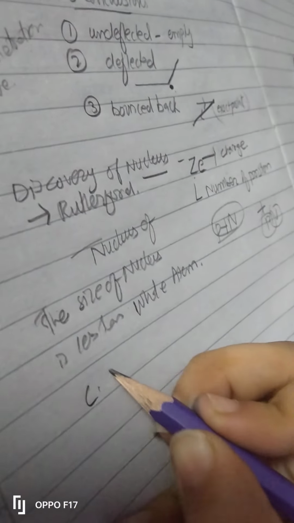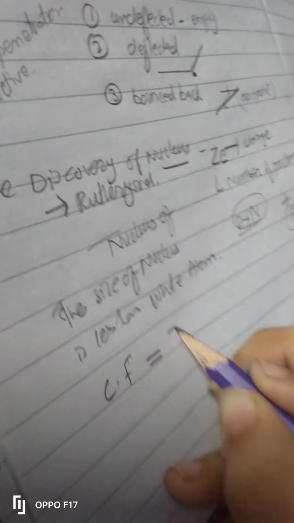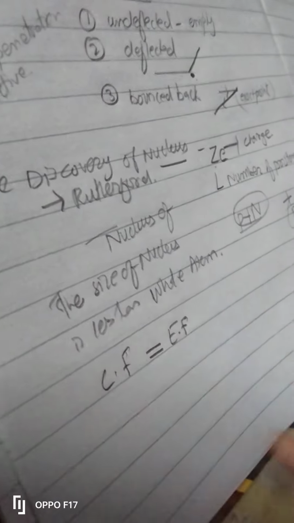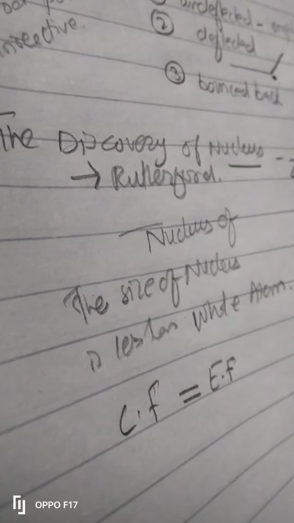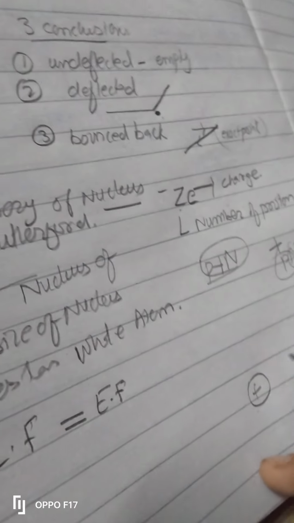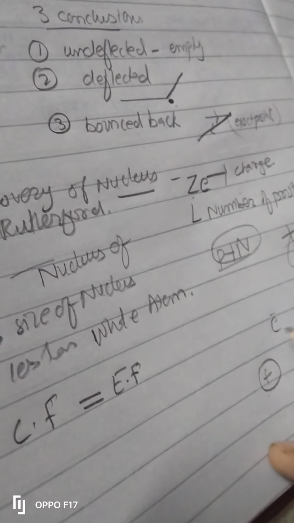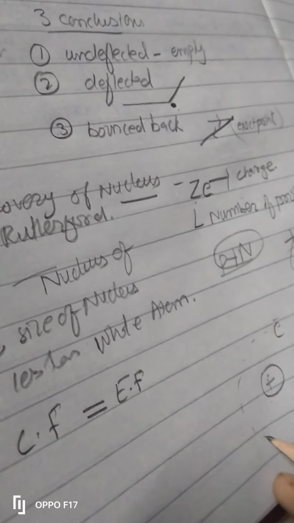The size of the nucleus is less than the whole atom. And in an atom the centripetal force is equal to the electrostatic force. How is this happening? One more thing, Rutherford also said that this is our nucleus which has a positive charge and the electron is revolving around it.